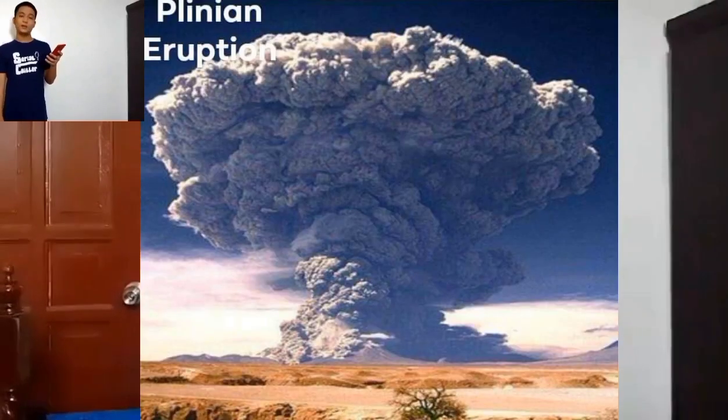Plinian eruptions are extremely explosive eruptions producing ash columns that extend many tens of miles into the stratosphere and spread out into an umbrella shape. These large eruptions produce widespread deposits of fallout ash. Eruption columns may also collapse due to density to form pyroclastic flows.